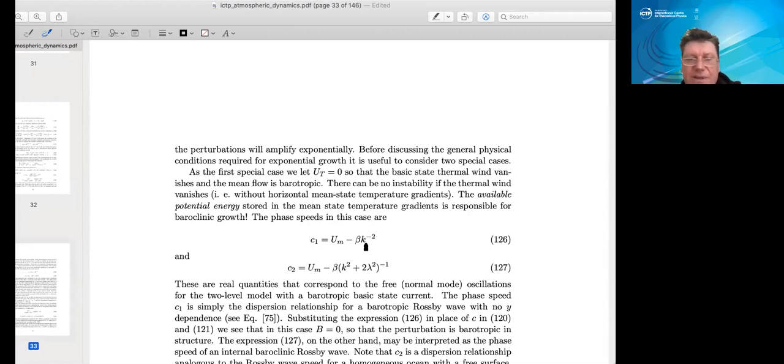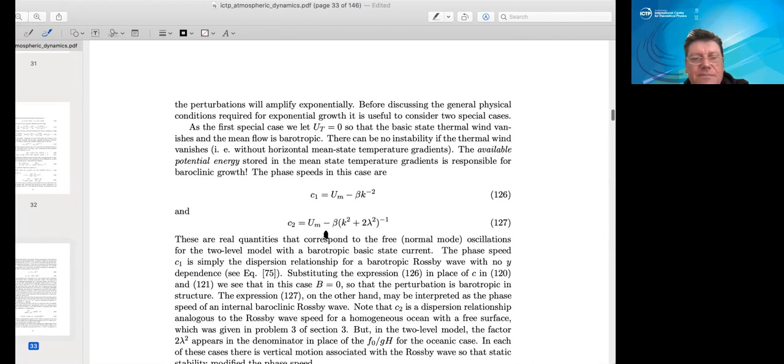We have recovered the result from our last lecture for purely barotropic Rossby waves, where we don't have the effect of vertical motion in principle. But the second solution here is still similar and is, as it should be, real, but we get an additional term.